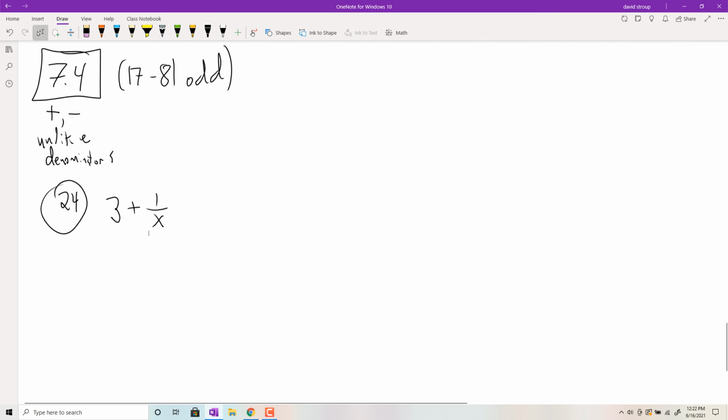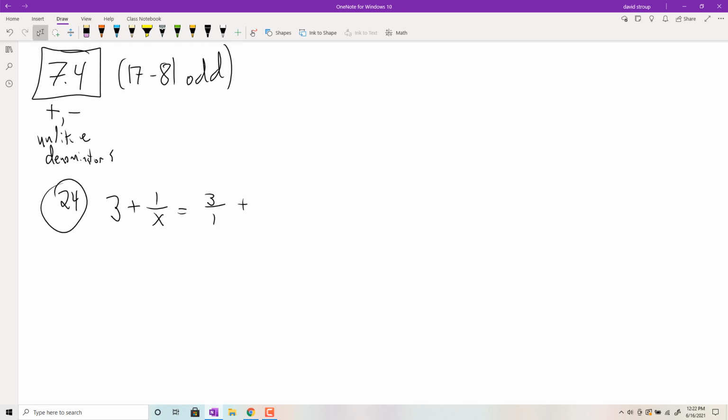I want to add these, find the common denominator, and add. So 3 is the same as 3 over 1, and then 1 over x. To get the common denominator, that first denominator is missing a factor of x. So I need to multiply top and bottom by x, and then I'll have the same denominators.